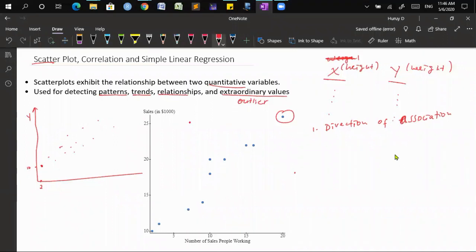You can see it's going upwards, or as we go from left to right, it's increasing. So we can say something about the direction. And when it goes in this direction, if this increases as we go from left to right, it is a positive relationship or positive association.